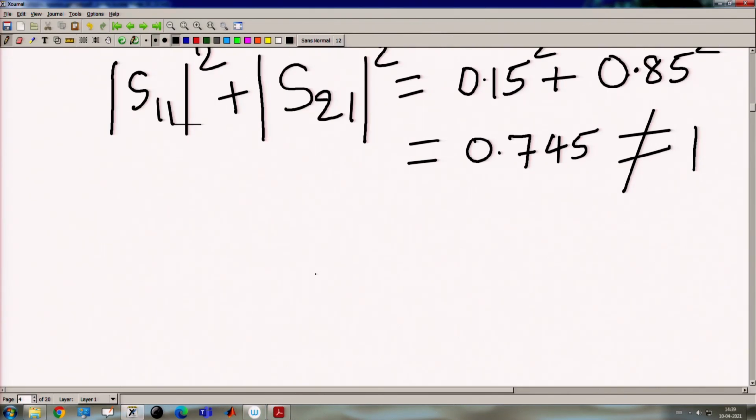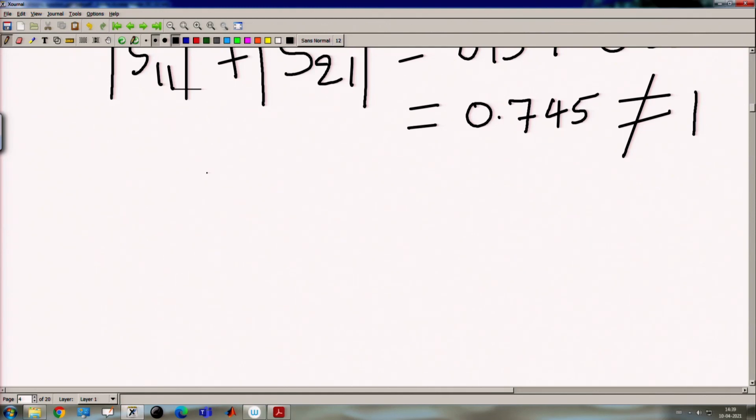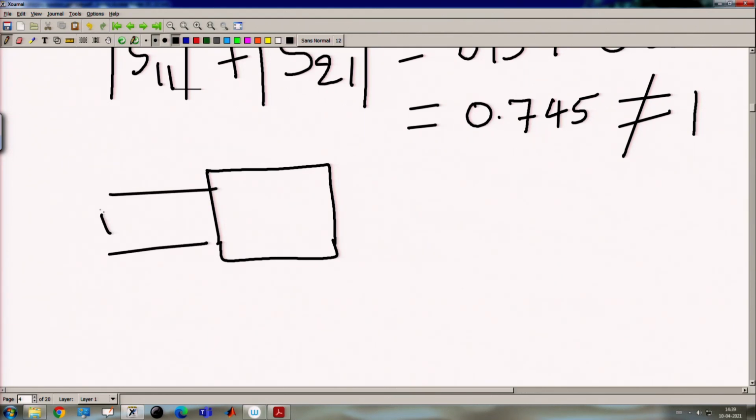If port 2 is terminated with a matched load, it is the same as the previous question. Here it is a two port network and port 2 is terminated with a matched load. For the matched load we can take ZL equal to Z0, so it is terminated with Z0.